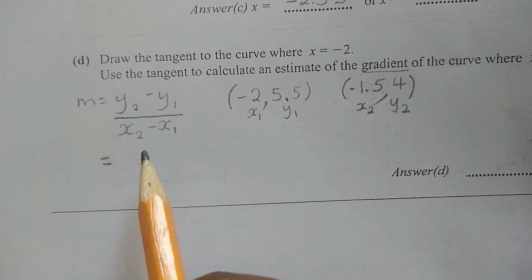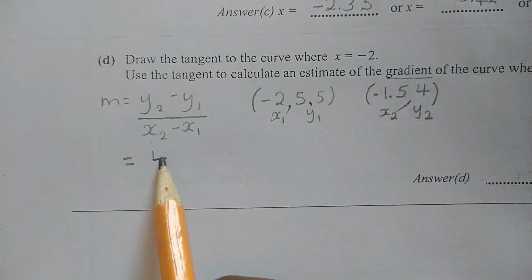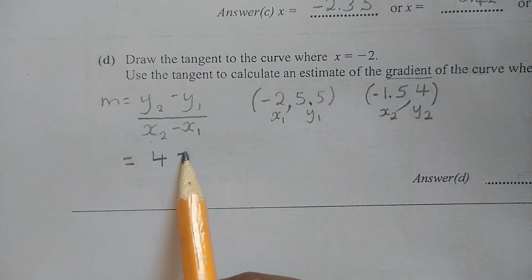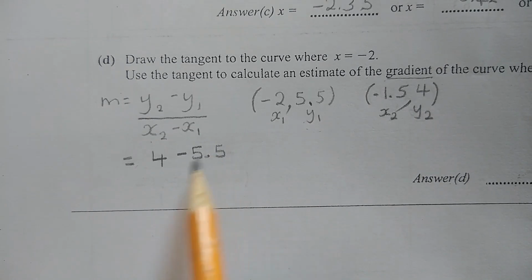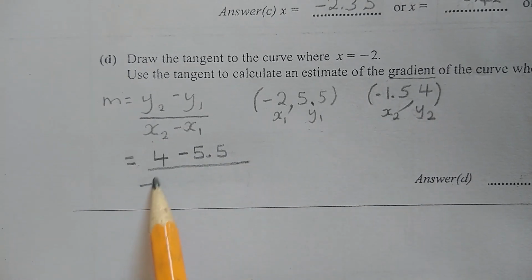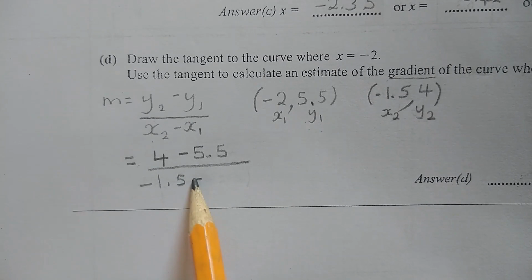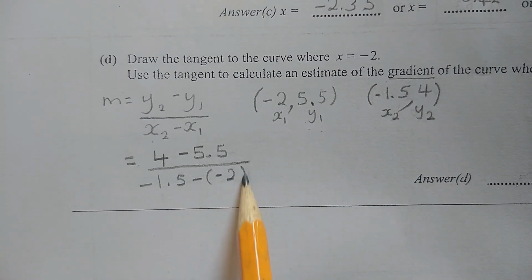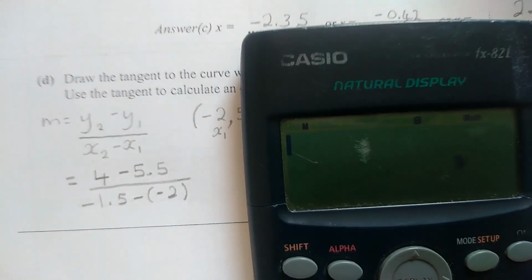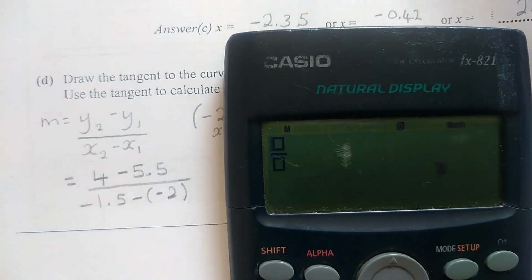So the gradient is y2, f4 minus 5.5 all over -1.5 minus -2.